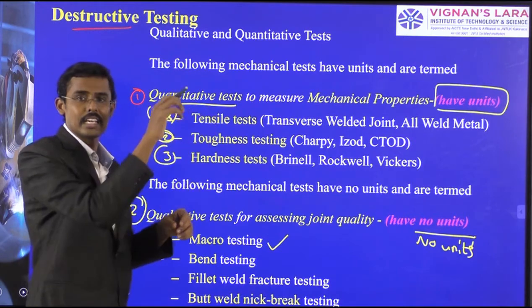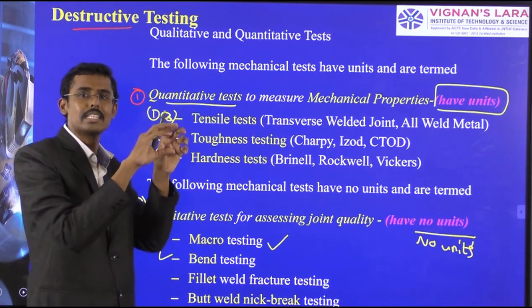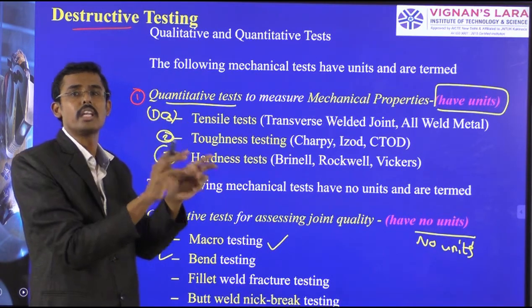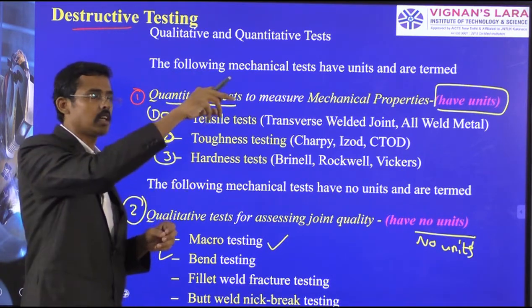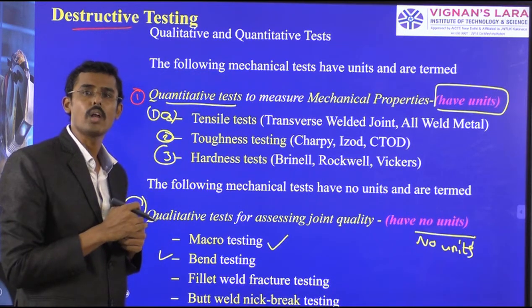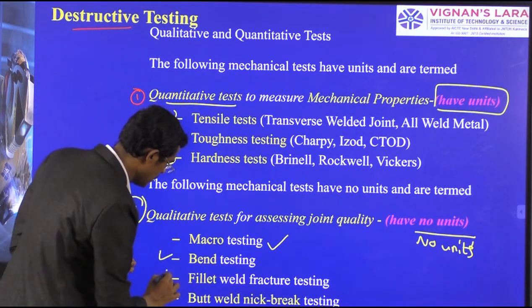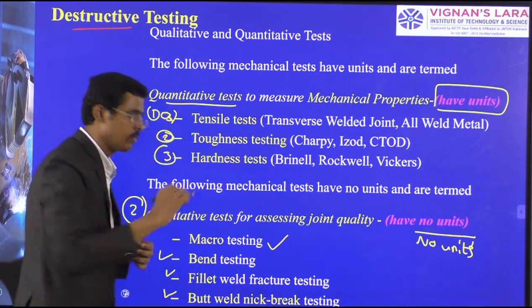Whether it is bent 90 degrees or 45 degrees shows how ductile the material is. After bending, we check the bent location. In this way, we can identify the quality of the weld by seeing. So, the bend test, fillet weld fracture test, and butt weld nick break test.